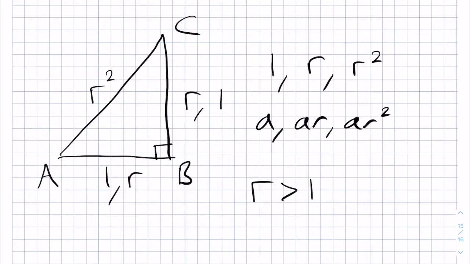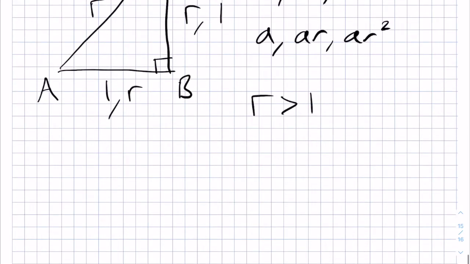Now that we've written down our side lengths, it's worth writing down some equations that relate the side lengths by using trigonometry as well as Pythagoras' theorem. By Pythagoras' theorem, we have that 1 plus r squared is equal to r to the 4.